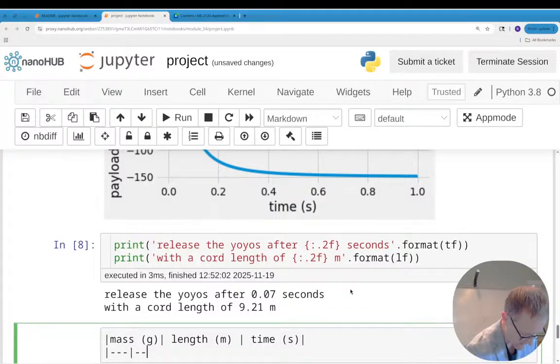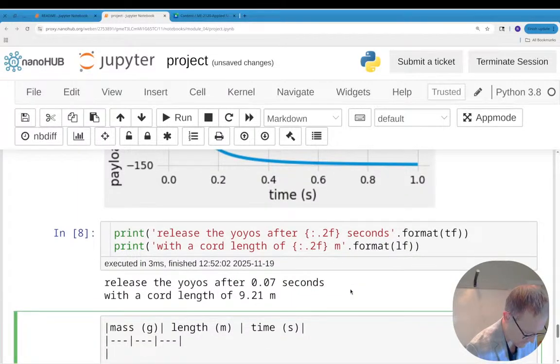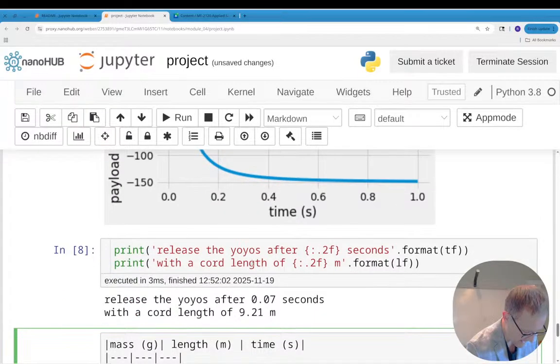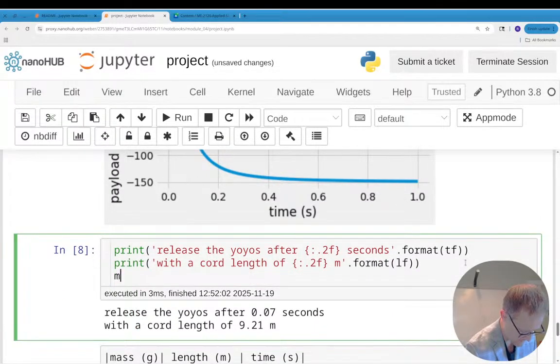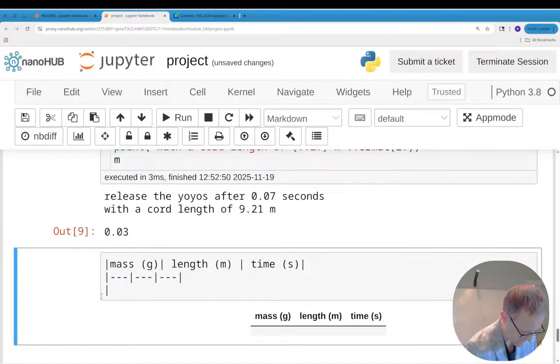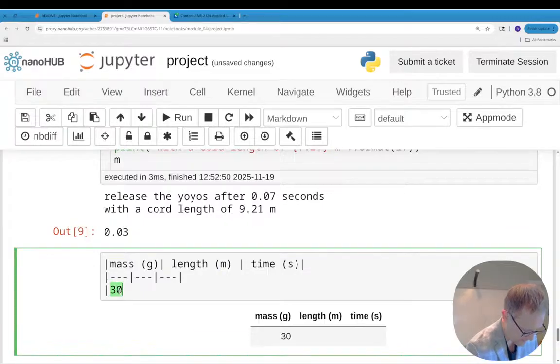You can use any kind of table. So in this case, I have mass of 30 grams. It took 9.21 and 0.07 seconds.